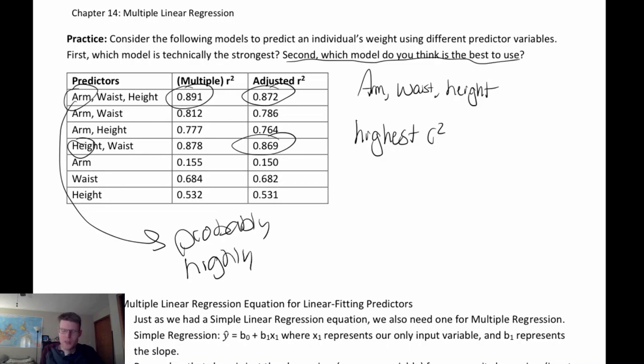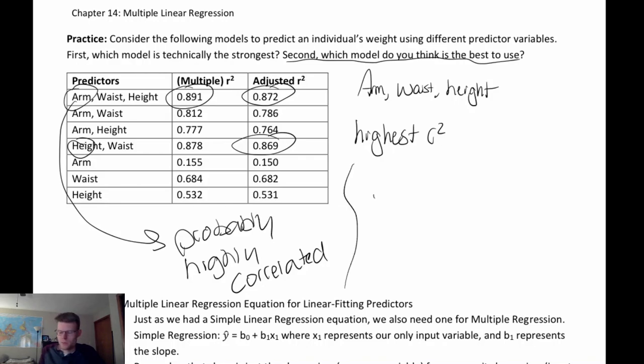So for that reason, it doesn't seem like it matters that much if we include both of them. That including height is probably pretty good. Including arm in addition to that doesn't really get us much farther. Highly correlated. Or we could also just say they're collinear if we want to as well.